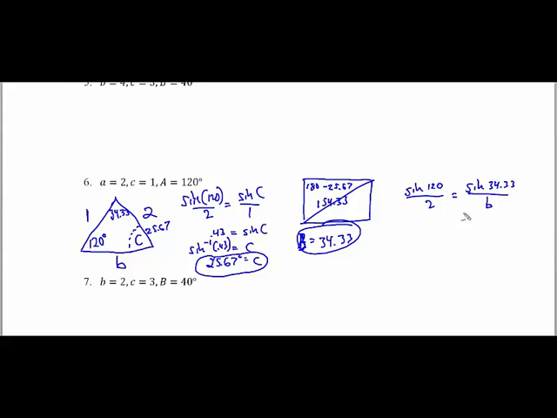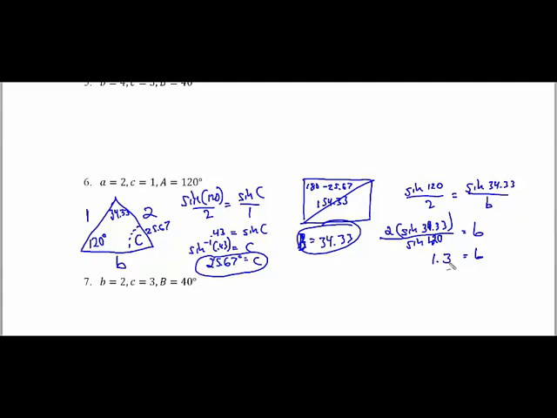Now, since I'm going to try to do this quickly, you would multiply these two together and then divide by sine of 120. So the sine of 34.33 times 2, all over sine of 120. Again, if your calculator is in degree mode, everything's going to work out just fine to find the side length b. And side length b is equal to 1.3.